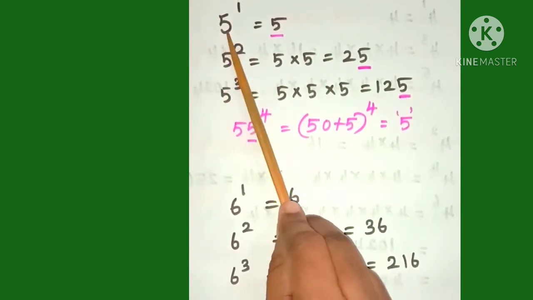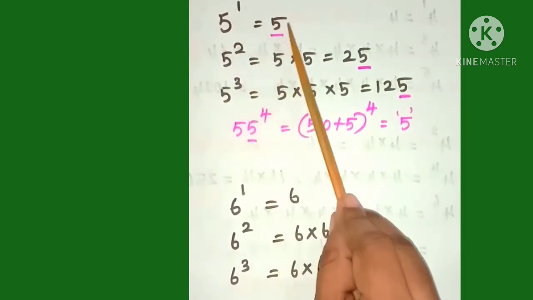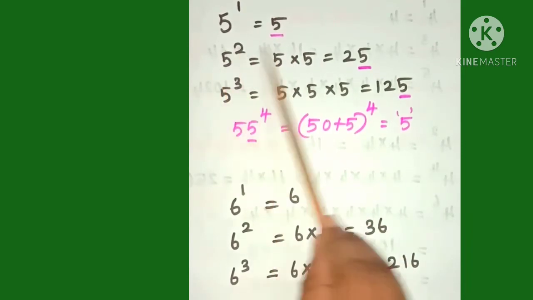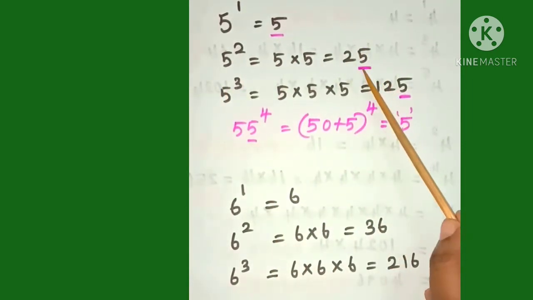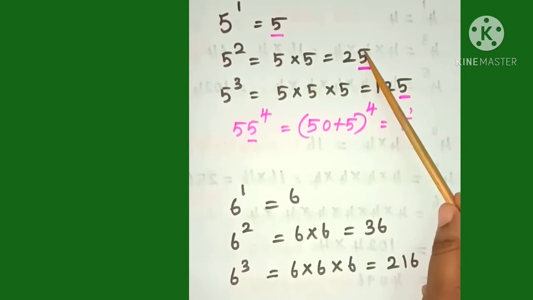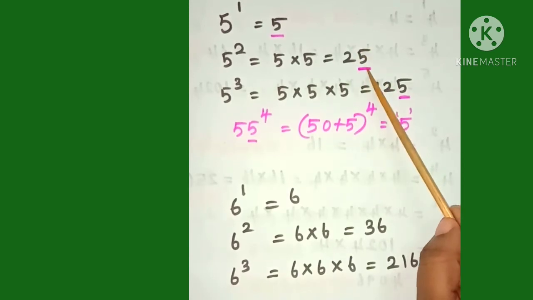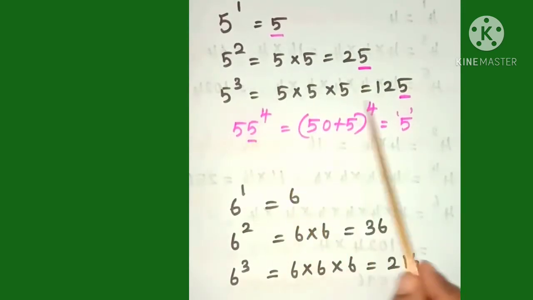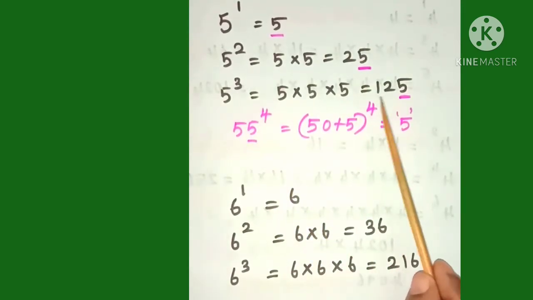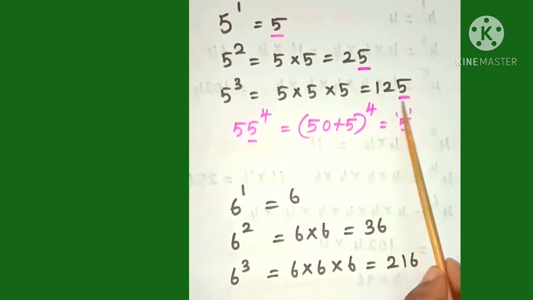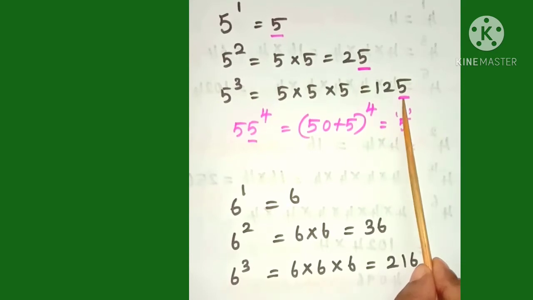So here the unit digit of 5 power 1 is 5. 5 square is 25, the unit digit is 5. And the unit digit of 5 cube, 125, is 5. The last number of the expanded form is 5.